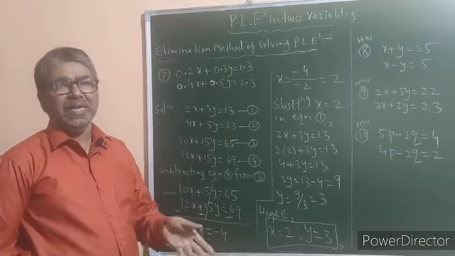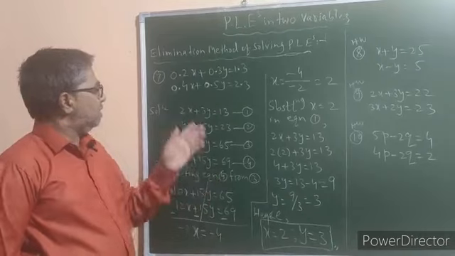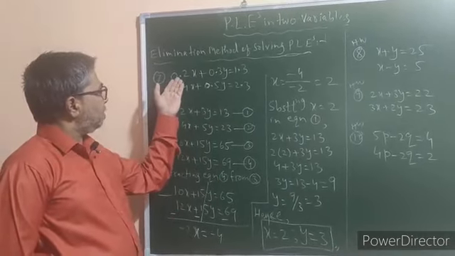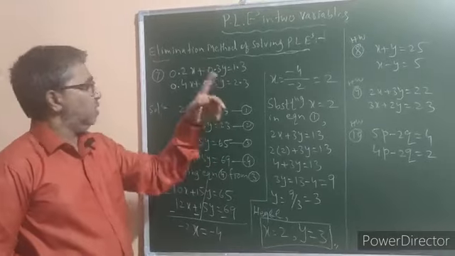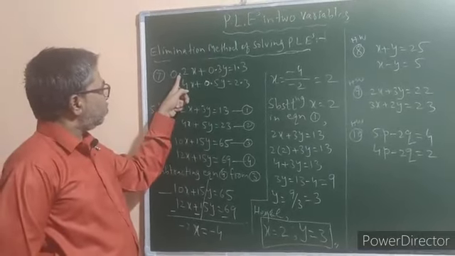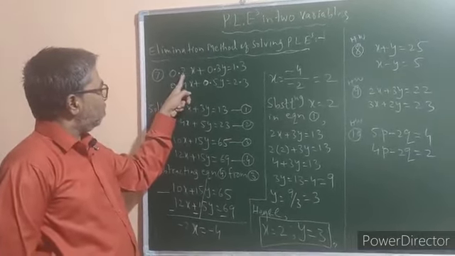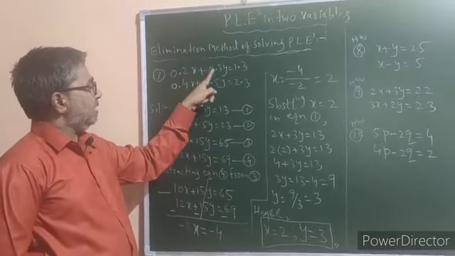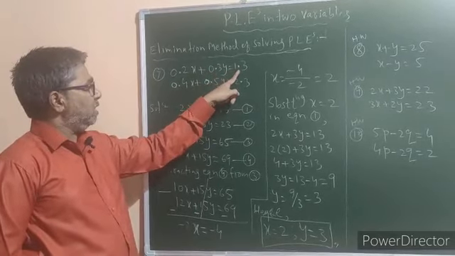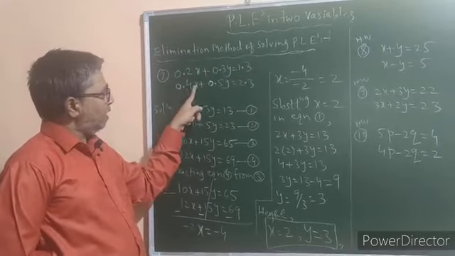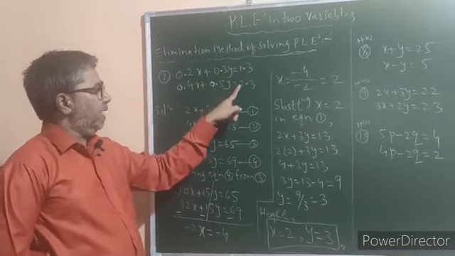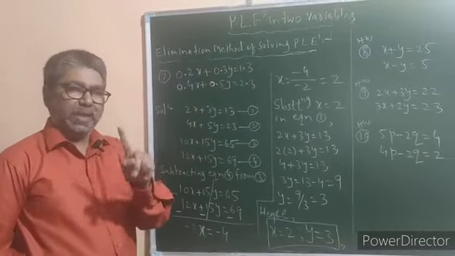Let us eliminate that decimal point, or in other words, shift the decimal point 1 digit forward. So you will be getting 2x, 3y, and 13. In the same way, this will become 4x, 5y, and 2.3 will become 23.